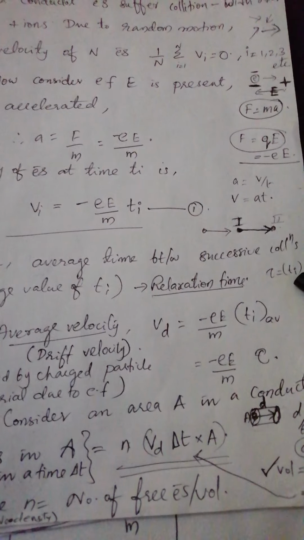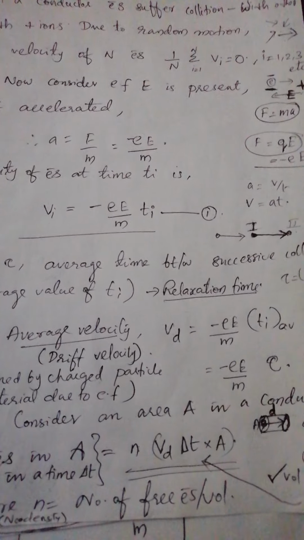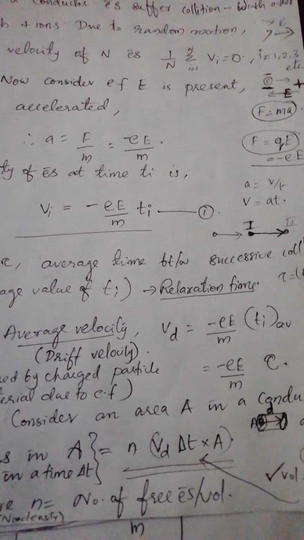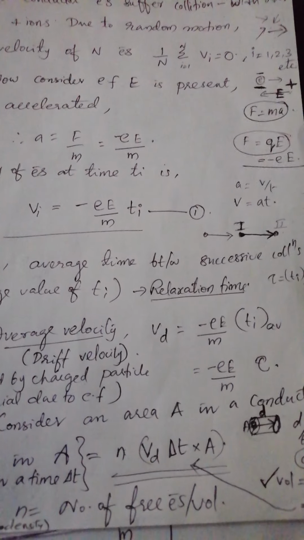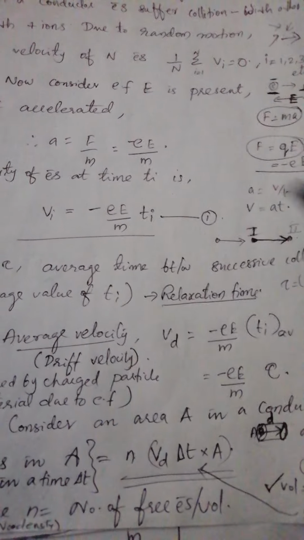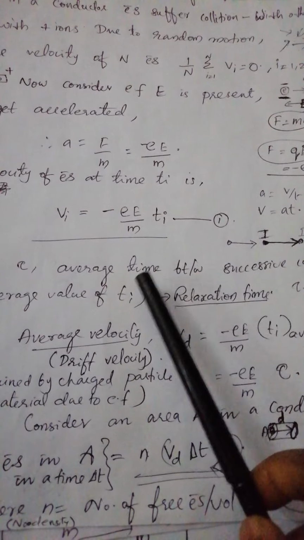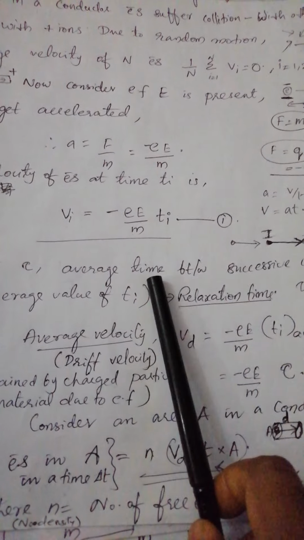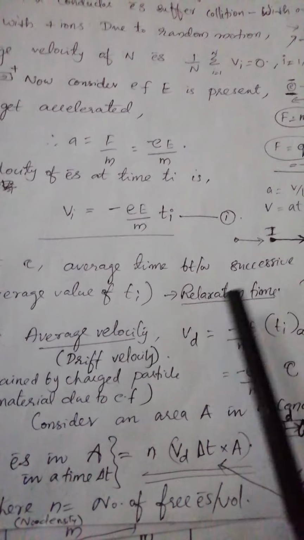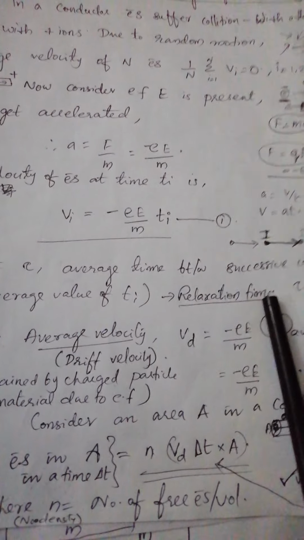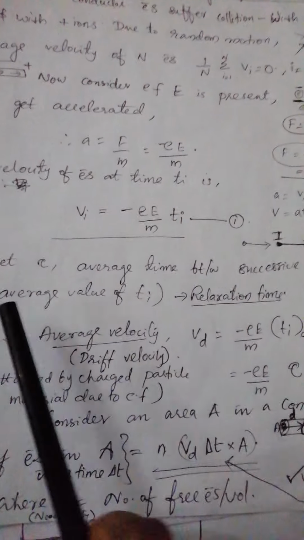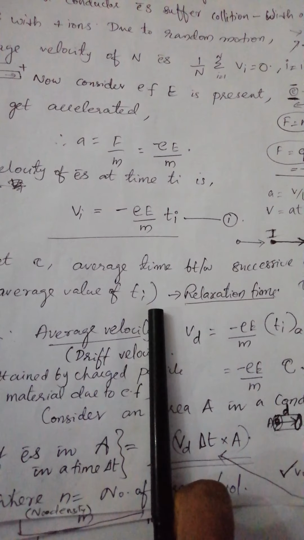Tau is actually the average value of ti. So this average time between successive collisions is called the relaxation time. Actually it is the average value of ti.